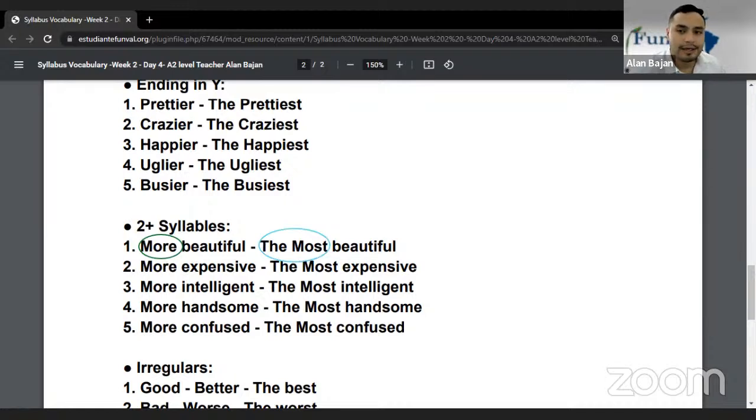Let's count the syllables. Beautiful. How many syllables do we have? 3. Expensive. How many do we have? Again, 3 syllables. So in this case, we will use the connectors more and the most.